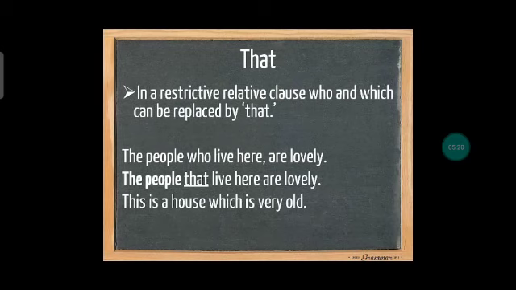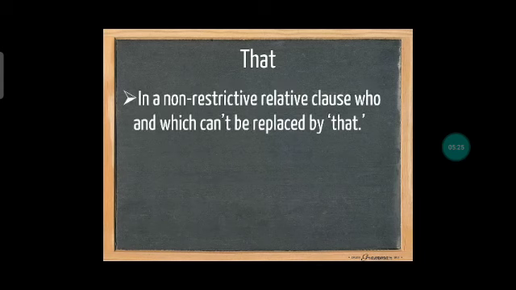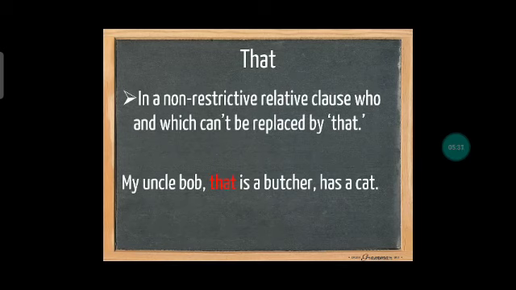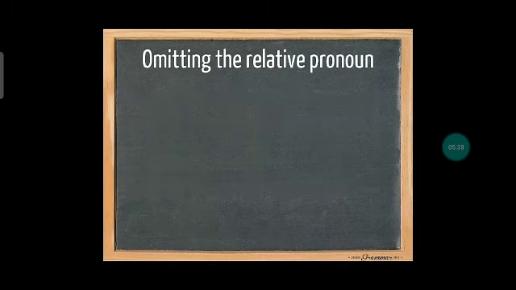The people who live here are lovely. The people that live here are lovely. This is a house which is very old. This is a house that is very old. We can replace who and which with that. In a non-restrictive relative clause, who and which can't be replaced by that. For example, my Uncle Bob that is a poacher has a cat. I can see that we can't use that here.